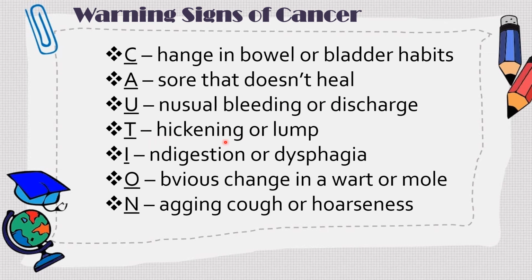There is a thickening or lump usually in the breast, no? Yan. Indigestion or dysphagia. Yan. Sa esophagus naman natin, baka may problem or sa stomach. There is an obvious change in a wart or mole. And there is a nagging cough or hoarseness. Okay, watch for your lungs.